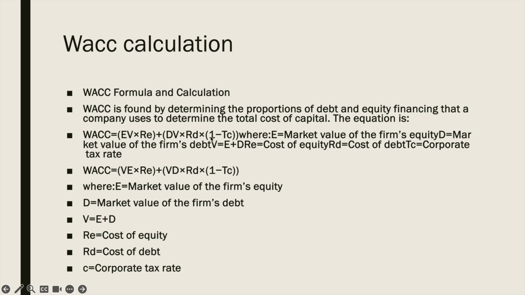And we all know bond interest is tax deductible, so it's an after-tax cost, because we exclude the tax after we pay the bondholder. So it is tax-free money for the company. That's why we deduct the tax, TC, from here.